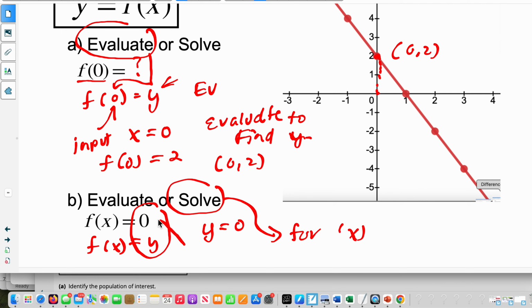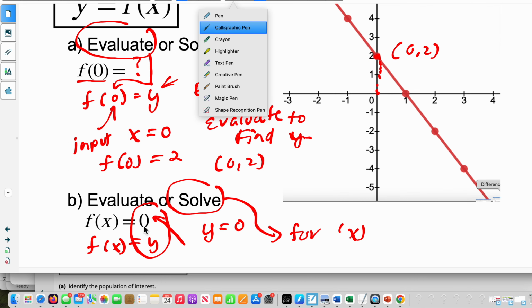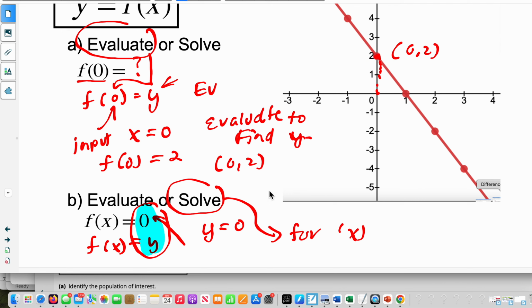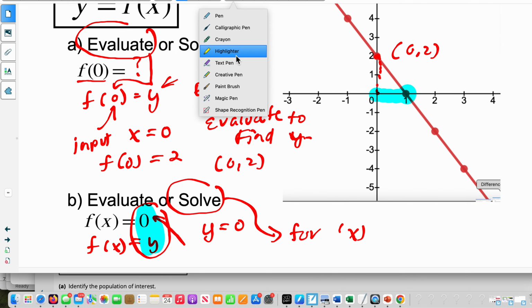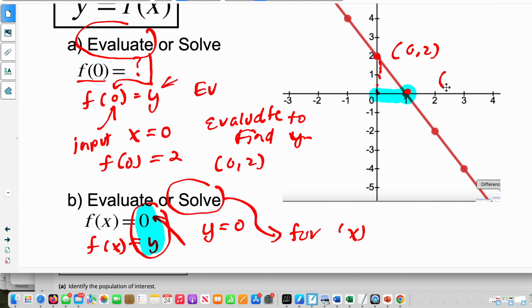In this case, I'm given a graph, so I want to look for where y equals 0. Okay, well, here's 0. I'm going to travel over. I need to solve for the x value. All right, so it's right here: when x equals 1, y equals 0.